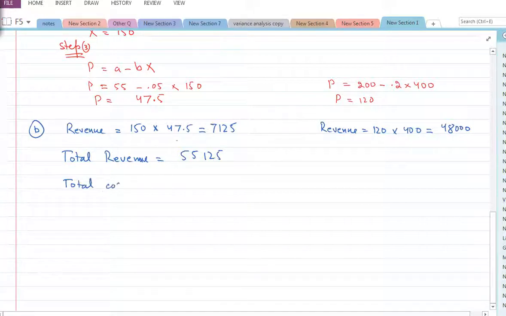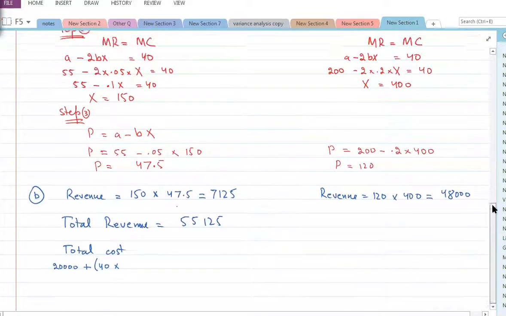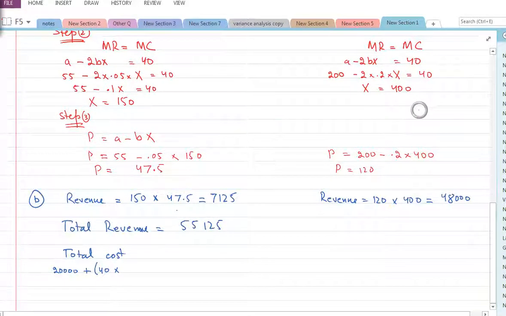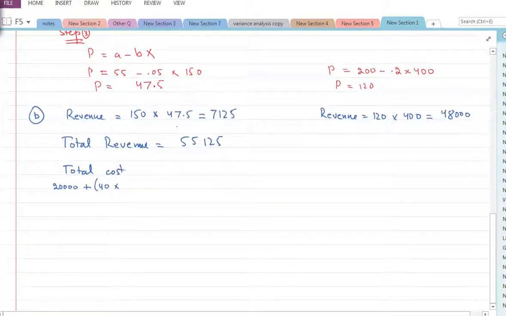The total cost is fixed cost plus variable cost per unit multiplied by the number of units. Number of units, remember, is 150 plus 400, which is 550 units.